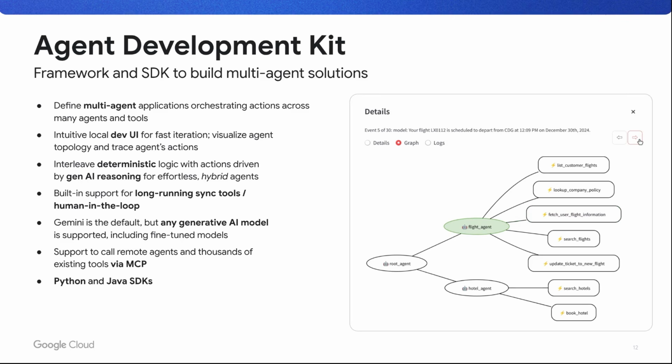And it sounds like these are tools that developers definitely value. And so in order to support these capabilities, like long-running asynchronous tools, human-in-the-loop workflows, and any generative model, optimized with Gemini as the default, you can also call remote agents and leverage thousands of existing tools with MCP support.